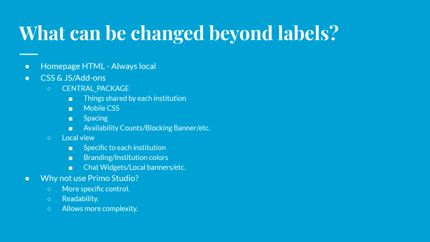Those are things that everybody shares: mobile CSS, spacing, availability counts, the blocking banner. And there are things that are specific to each institution, like branding, institution colors, logos, chat widgets, local banners, etc.